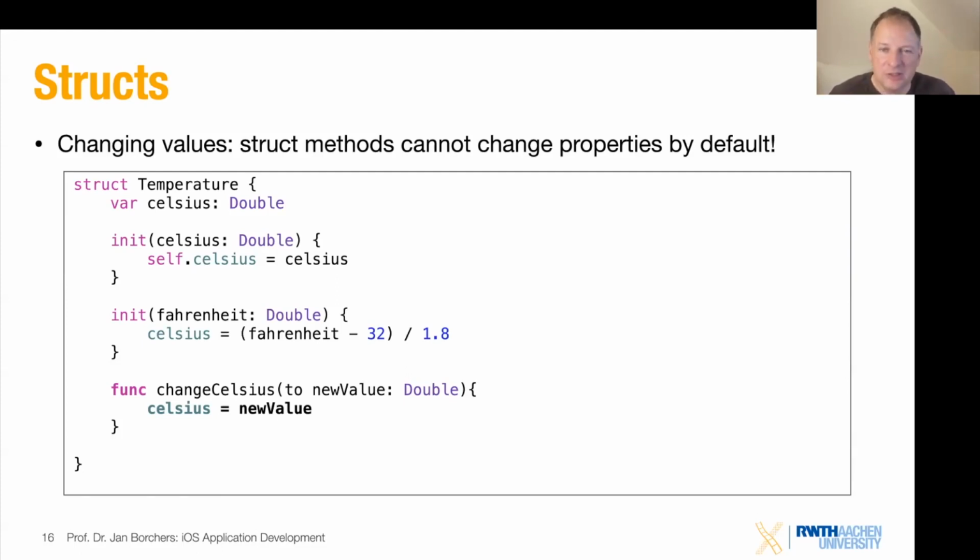Well, yes, but no. By default, Swift will assume that your member functions only have read access to your member variables. And again, this is put in place for you to be very clear about what you need. So as long as you don't explicitly need a function to be able to change member variables, it can't. If you need this, you need to tell Swift explicitly. So this code would not compile.